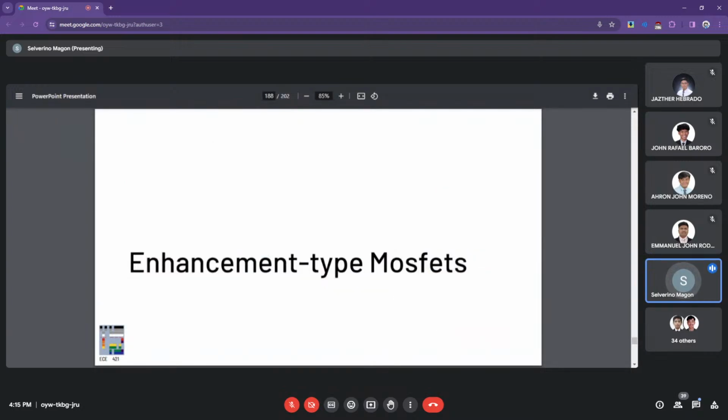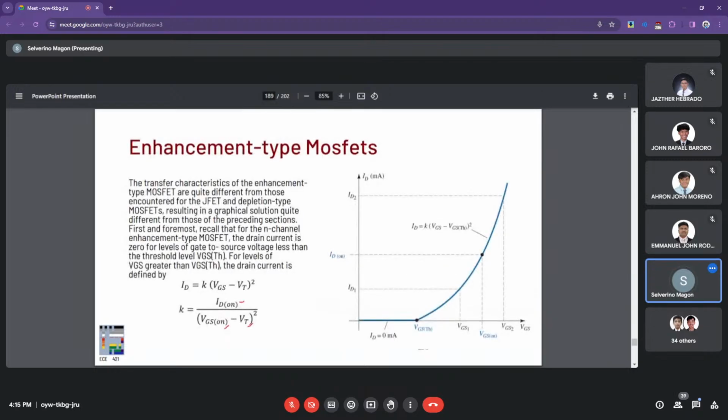Right. So what varies now, when we move to the enhancement type, is that we have a different characteristic curve. Here we do not follow Shockley's equation, but instead we base the value of the drain current on the voltage applied at the gate-to-source potential relative to some threshold voltage.